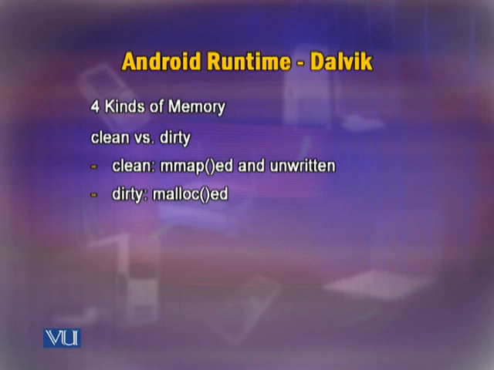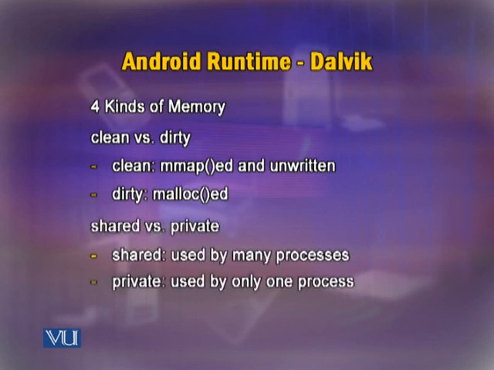The second quadrant is simpler, and it is divided as shared and private memory. Shared, as you can guess, is the memory that is shared among different processes, whereas private memory is the one which is allocated to only one process, and only one process can access it.